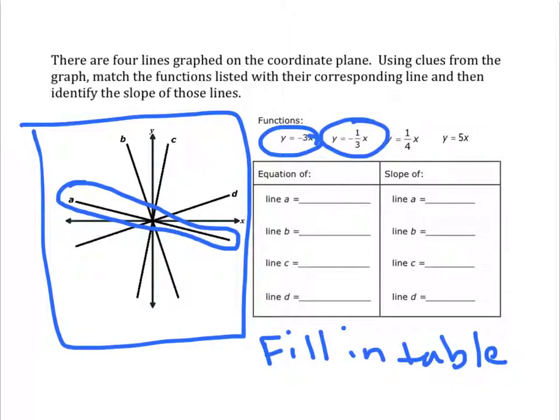So out of these two, which one is closer to 0? Well, that would be this one right here. So that means line A is going to be negative 1/3 x. And then the slope is going to be negative 1/3. And then I want you to do line B, line C, and line D using the same sort of method.